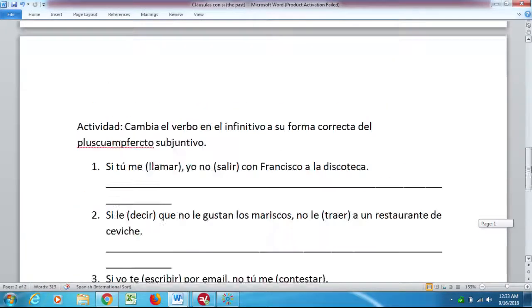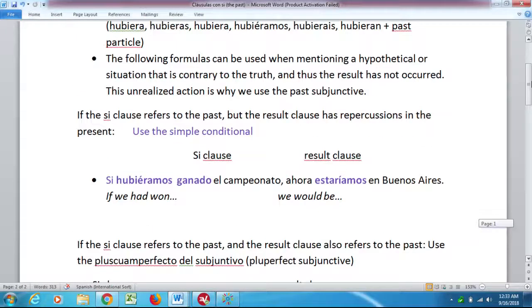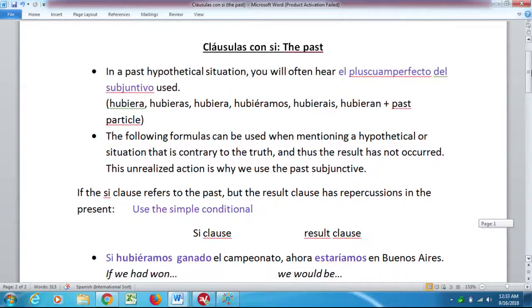When you are finished with your sentences, you're going to write a dialogue between two friends who are discutiendo, they're arguing. 3 lines for each person. This should be fun, right? If you had done this, I wouldn't have done this, right? Again, using el pluscuamperfecto del subjuntivo.